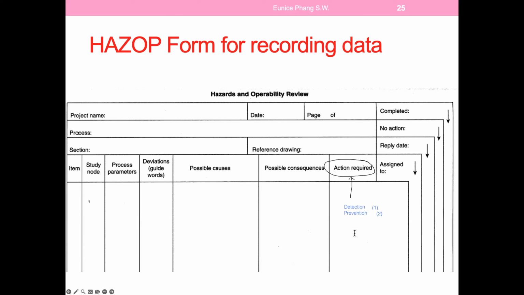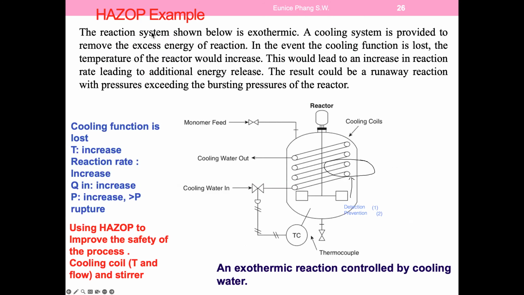So far, any questions? We're going to go into detail as an exercise so that all of us work together to look at HAZOP. So I'm going to stop here for this one. Okay, allow me to share screen on the other one.